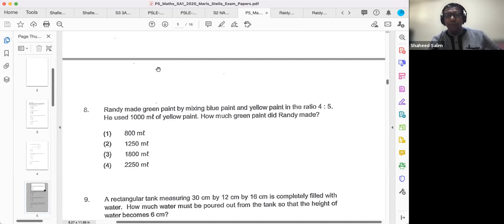We'll try, but we'll do P5 first because I want to make sure you ace the P5, then we go to P6. P5 problem sums are similar to P6 also for the topics you have done. So can you try this one again? You read through carefully. How much green paint did he make?